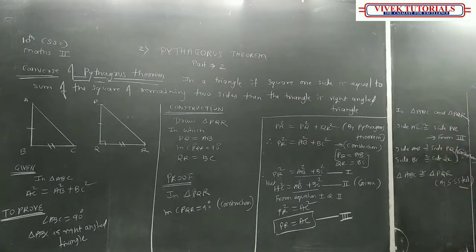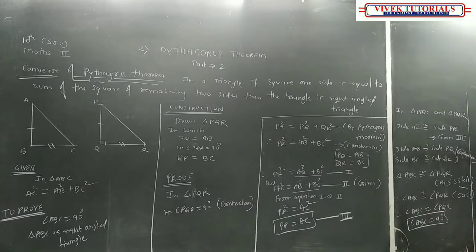This part is not explained in the textbook. They have taken it directly, but you please write it down. Better रहेगा. So therefore, angle ABC is congruent to angle PQR, CPCT. Therefore, angle ABC is equal to angle PQR, or angle ABC is equal to 90 degree.